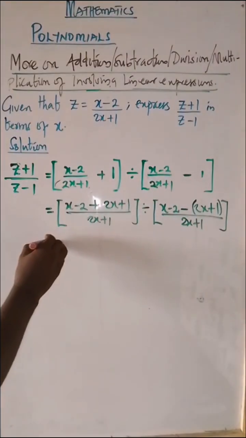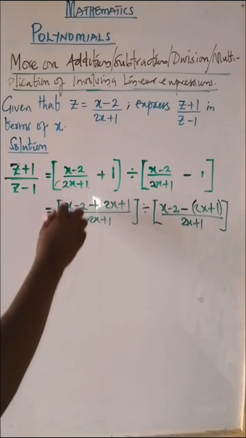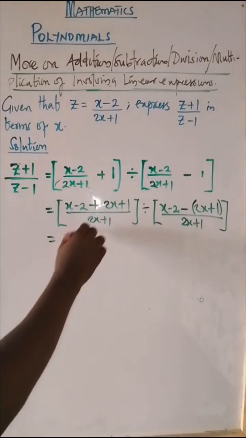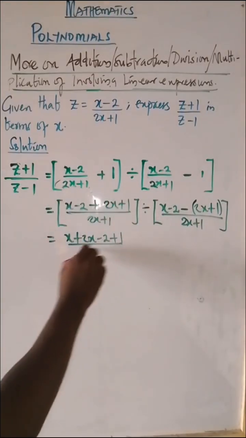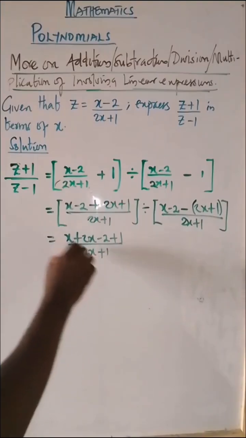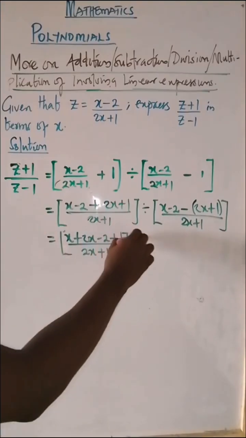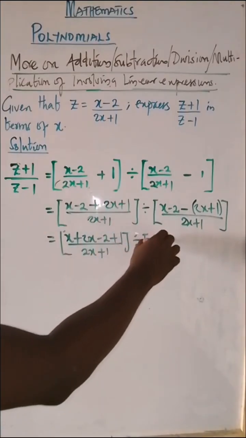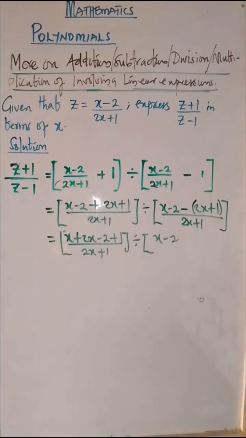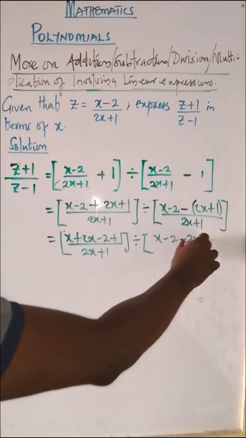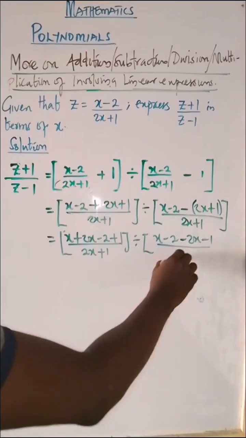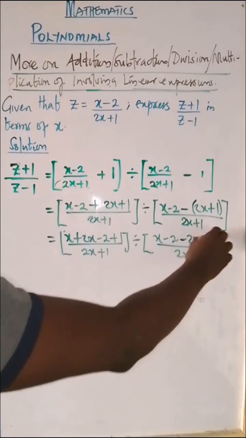Then here, we can continue by rearranging. Here we have x plus 2x minus 2 plus 1 over 2x plus 1, then divided by, for this case, x minus 2. So this minus affects both, so that will be minus 2x. Minus and plus is minus 1 over 2x plus 1.